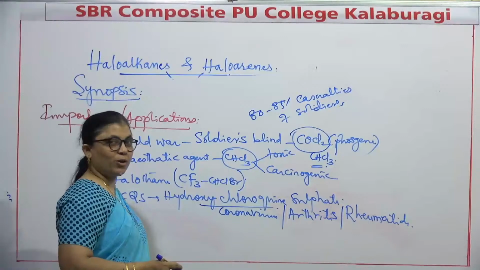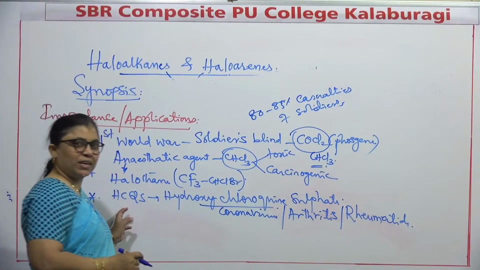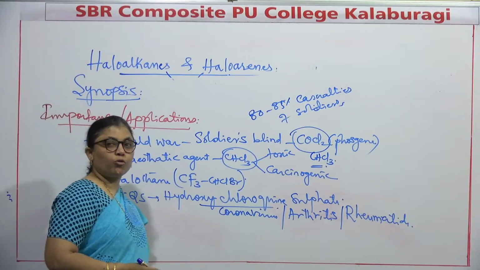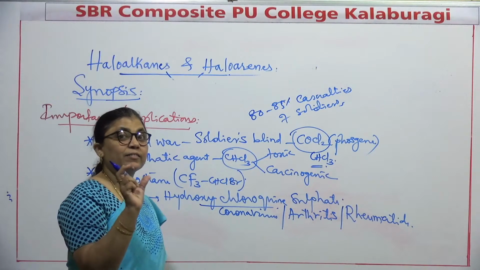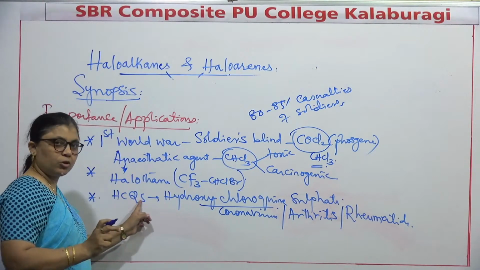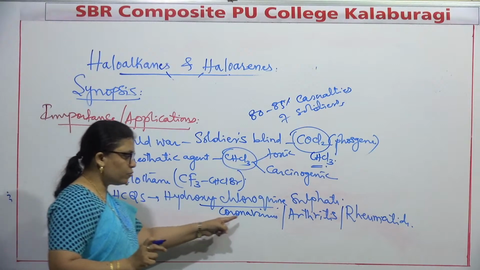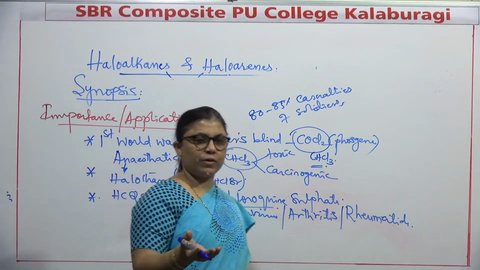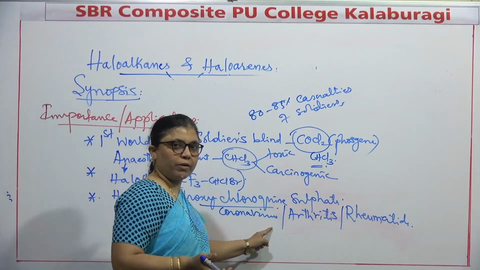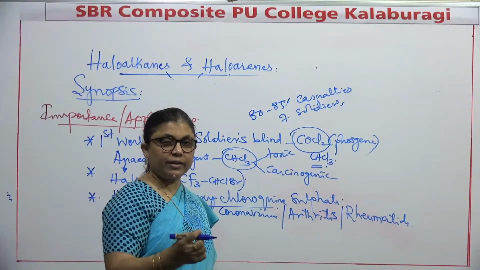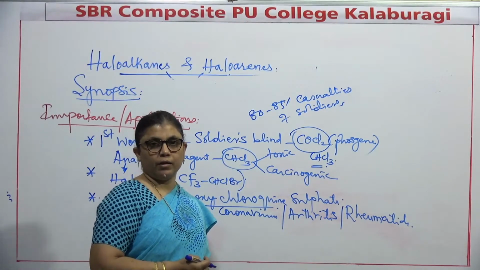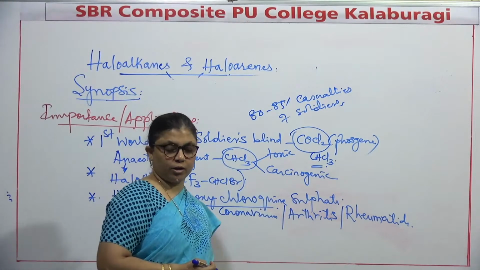Don't expect much biology from a chemistry teacher. So here, HCQS is the hydroxychloroquine sulfate tablet, used for the treatment of the pandemic, that is coronavirus. Even it is an arthritic and rheumatic drug, used in joint pain and all.